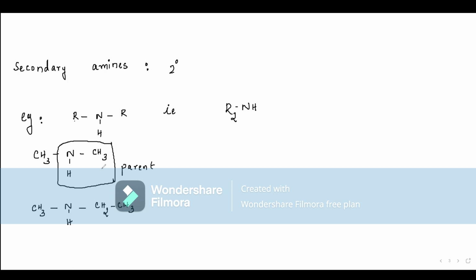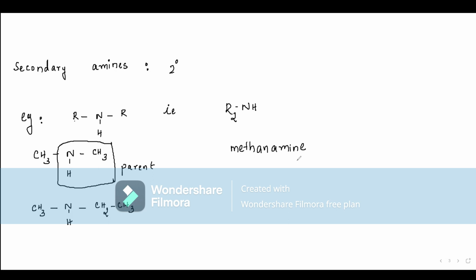What is the name of the substituent? Methyl. Okay, let's first write the name of the parent. In the parent, whatever is in the box now, how many carbons are there? Just one carbon. So meth, amine. Now look at this point, whether it is NH2, NH, or just N, the word must end with amine.